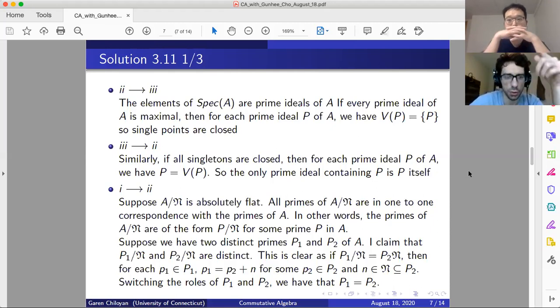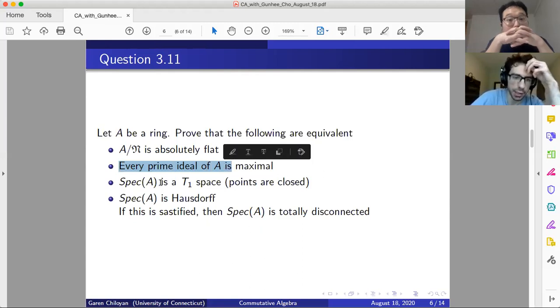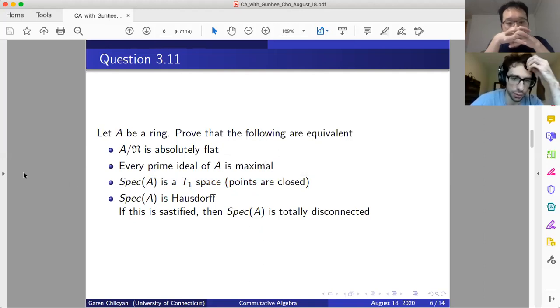So let's go 2 to 3. I want to prove that if every prime ideal is maximal, then the singletons of the spectrum are closed. So let's assume all prime ideals of A are maximal.